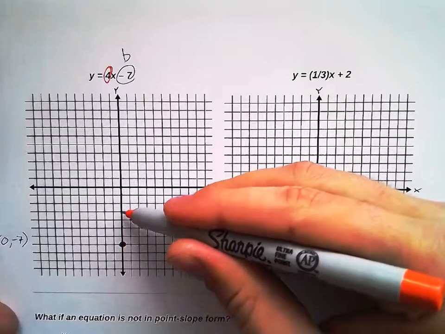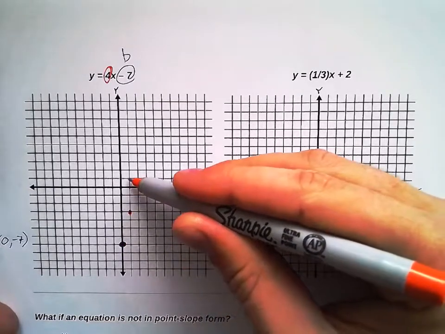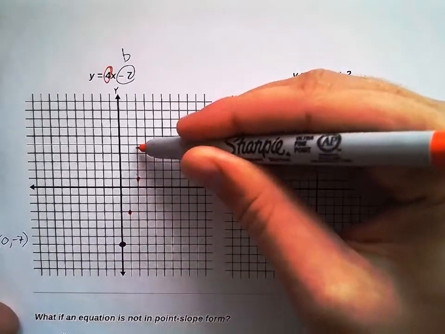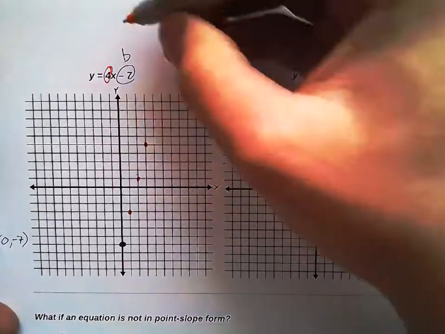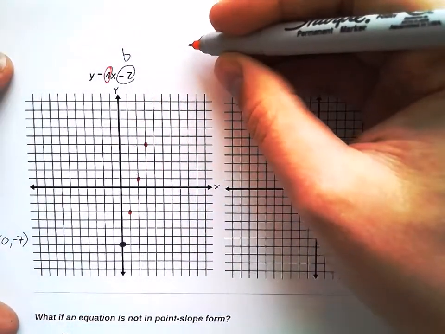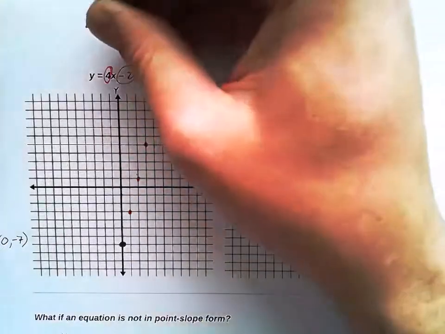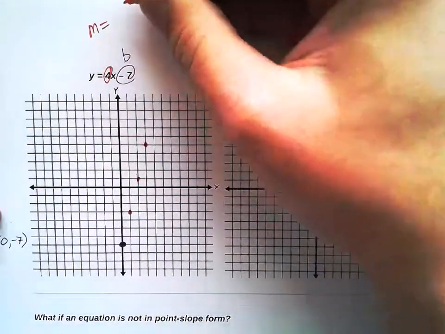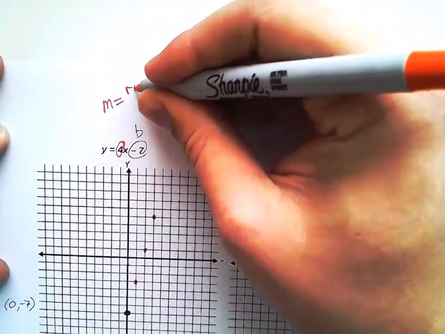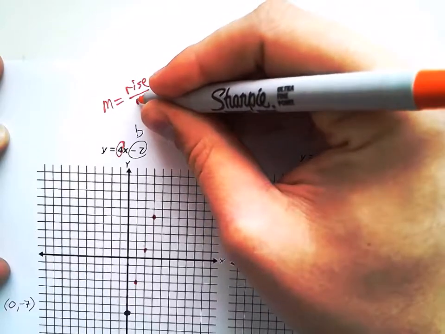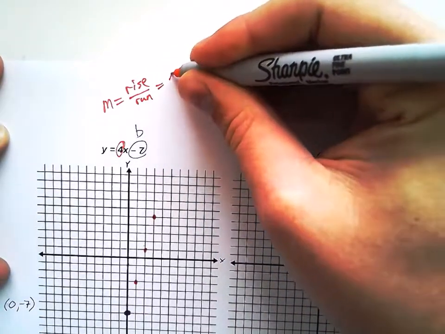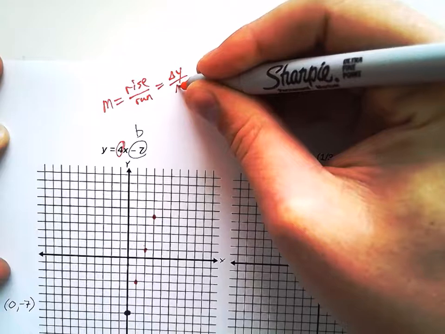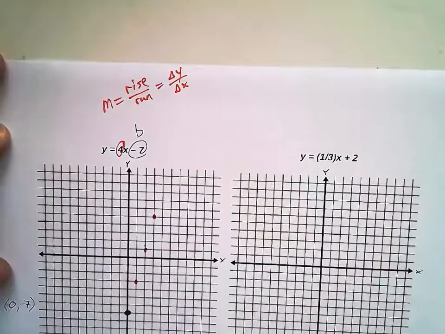Then we'll go at a rate of change of 4. That means we're going up 4 over 1, up 4 over 1. You sometimes hear that called the rise over the run, or change in y over change in x.